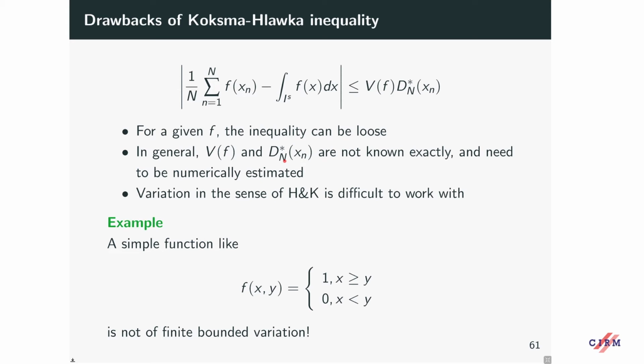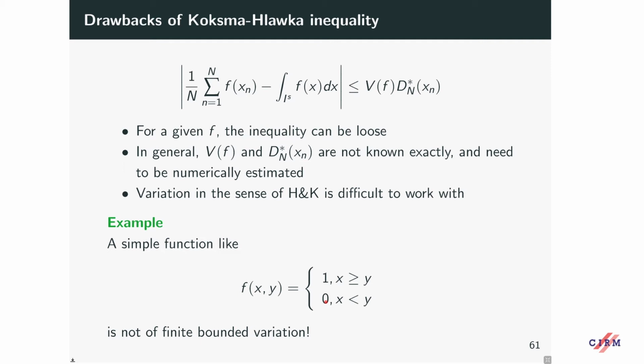And another difficulty is that variation in the sense of Hardy and Krauss is too restrictive in the following sense. Take a two-dimensional function defined on a unit square that only takes the values 1 and 0. The function is obviously bounded.